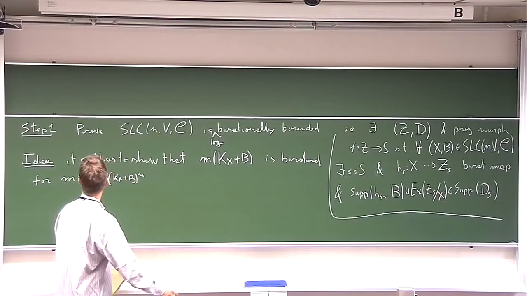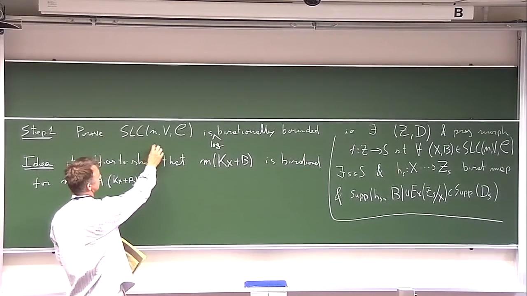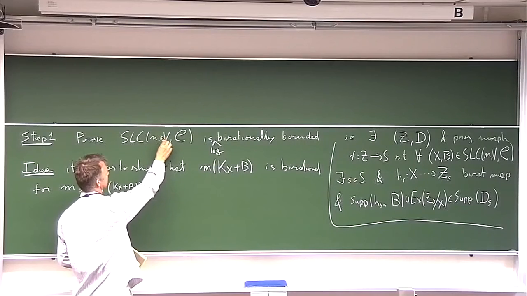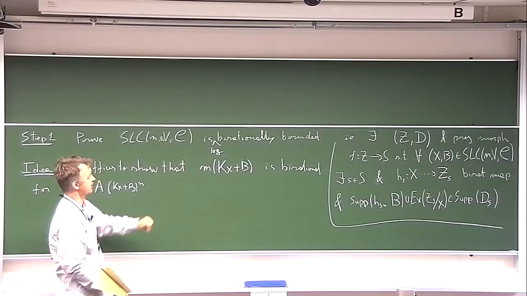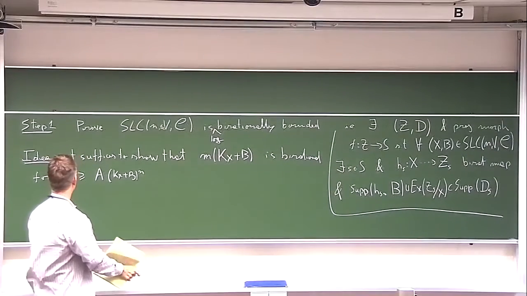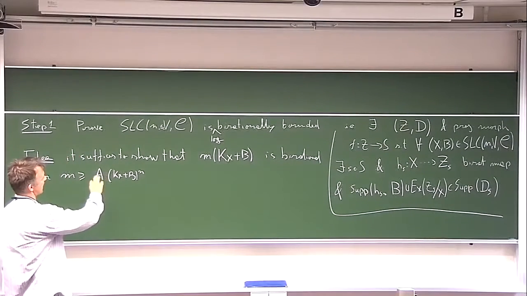So maybe I'll change the statement slightly. I'm going to put a less or equal here. So I'm actually going to show that the ones with volume bounded above by v are birationally bounded. Stronger statement. So that's kind of what we did last time.